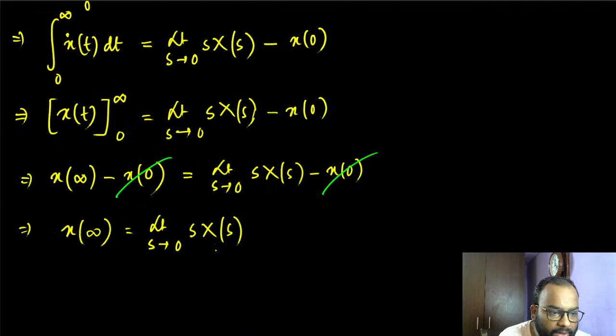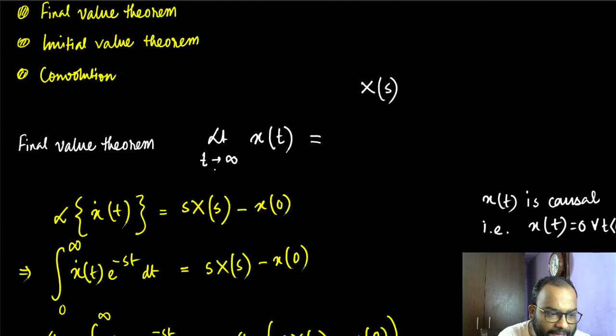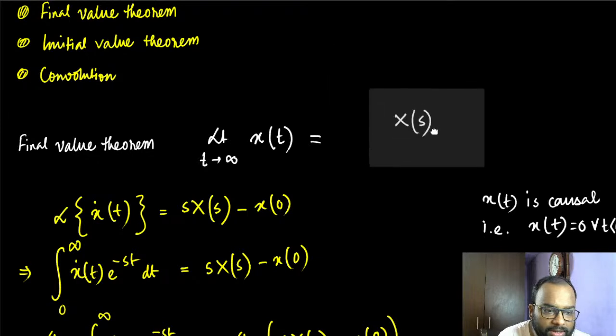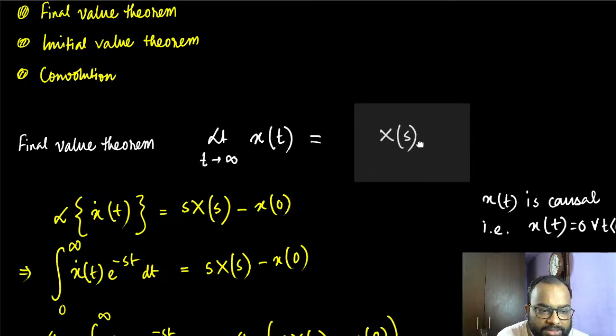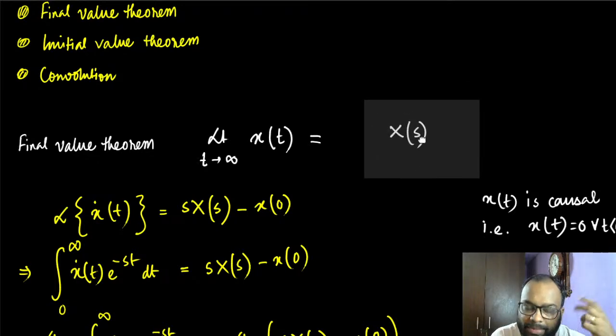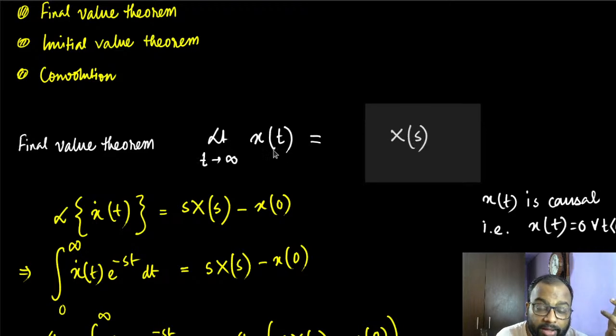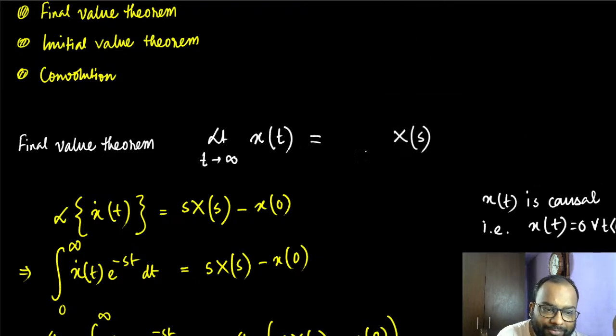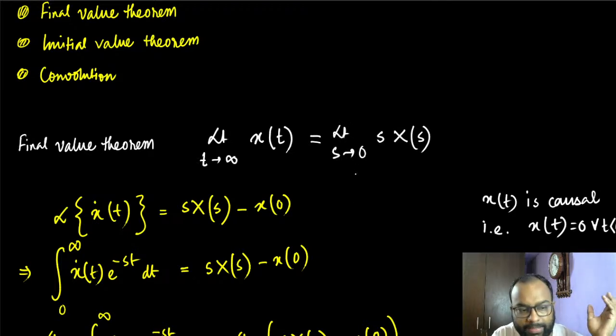So here we can now say that if I just know the Laplace transform of this, without actually calculating the inverse Laplace transform, I can calculate the value of this function xt, the original signal, when t is very large. What I have to do is multiply this with s and calculate the limit s tending to 0. That will actually give you this.